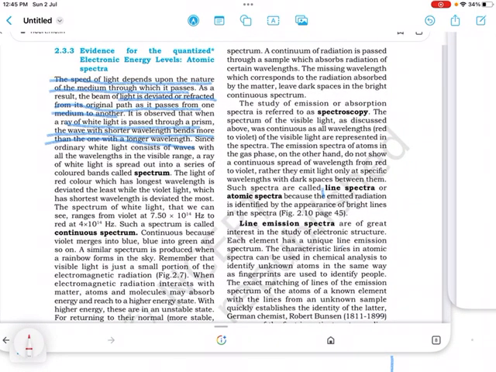The light of red color, which has the longest wavelength, is deviated the least. Red color is deviated the least.